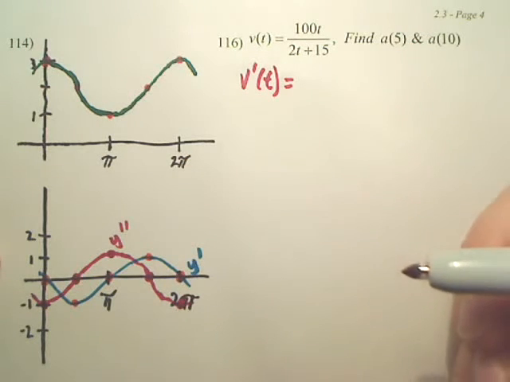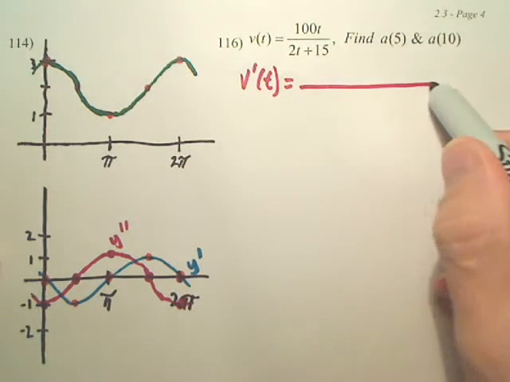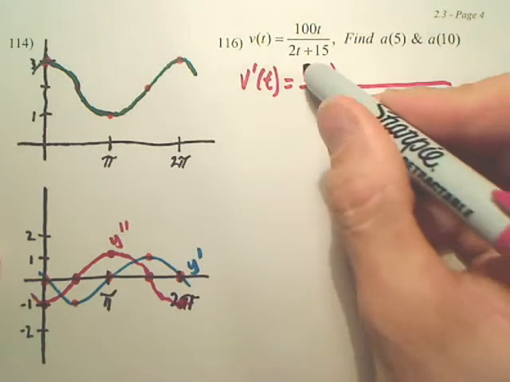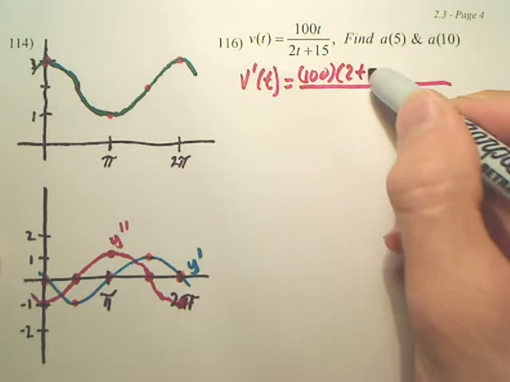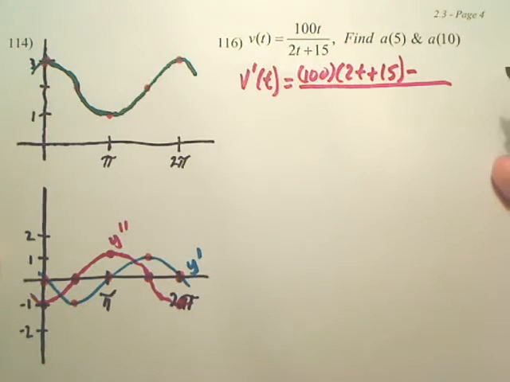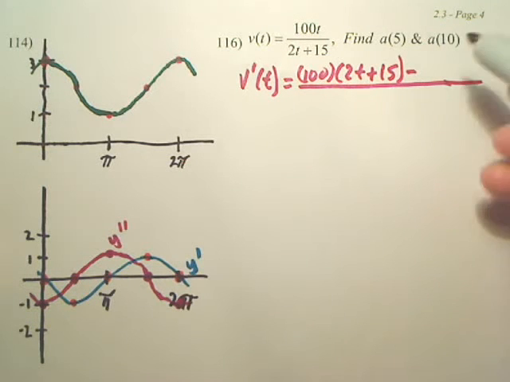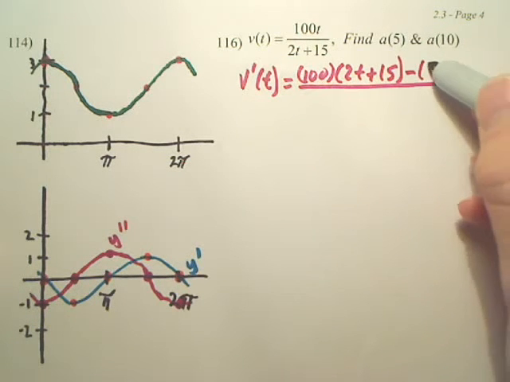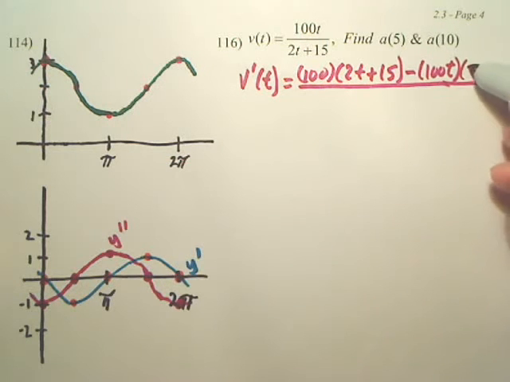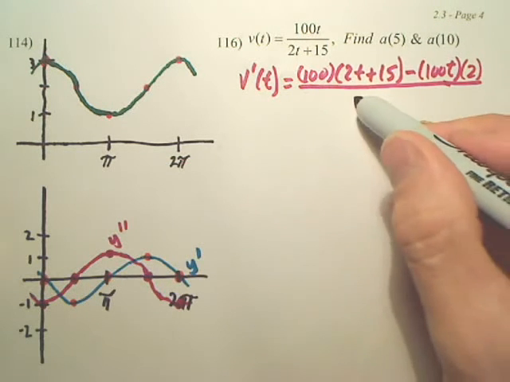That's a quotient rule. So derive the top, you get 100. Leave the bottom. Minus, leave the top. Derive the bottom. And then square the bottom.